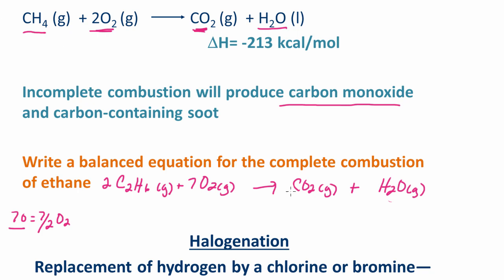And we end up with 4 and 6. So let's go ahead and check this. I have 4 carbons here. 12 hydrogens, 12 hydrogens. 7 times 2, we have 14 oxygens. Here I have 8 oxygens plus 6, 14 oxygens. This is a balanced combustion reaction.